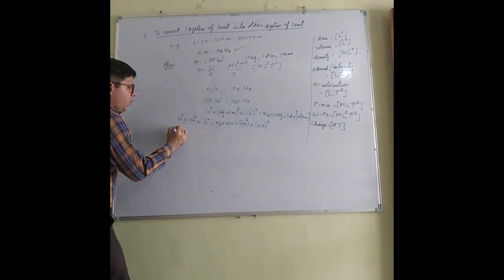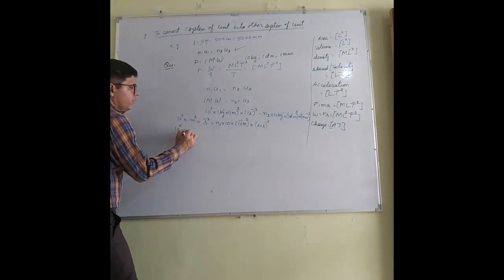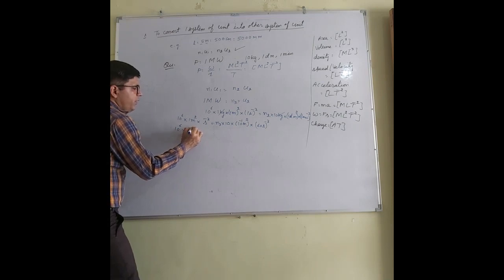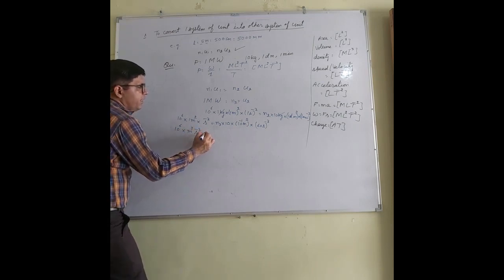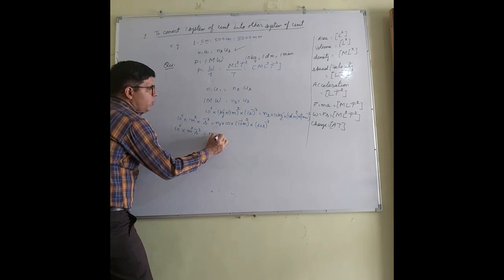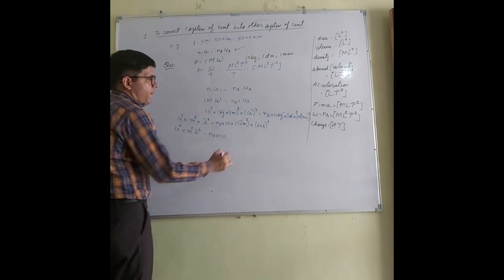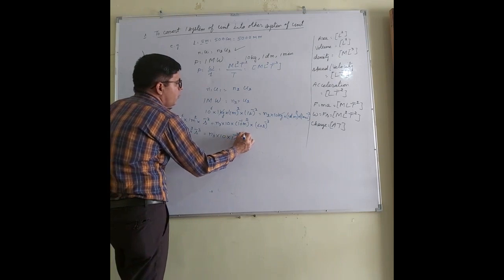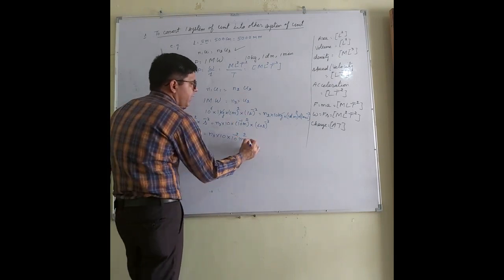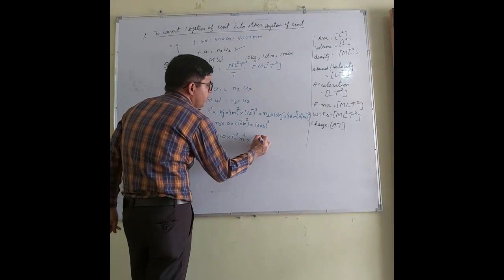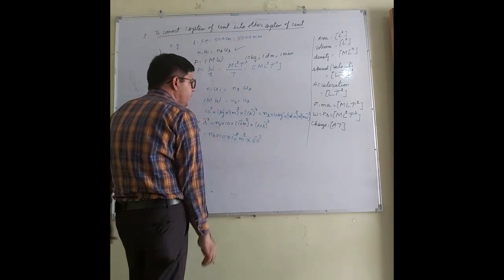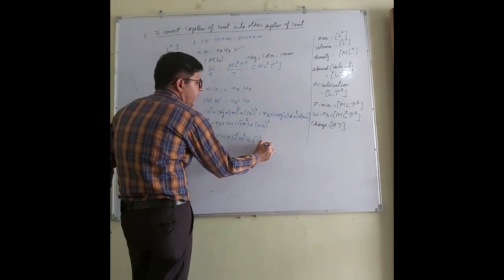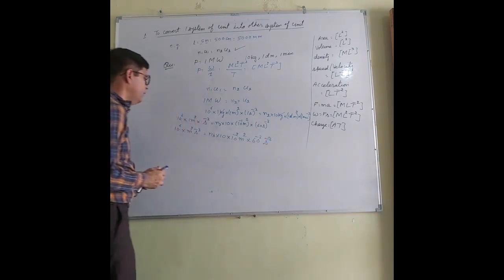Now further, open all the brackets: meter square, second to the power minus 3, N2 multiplied by 10 to the power minus 2 meter square, again open this bracket, 60 to the power minus 3 and second to the power minus 3.